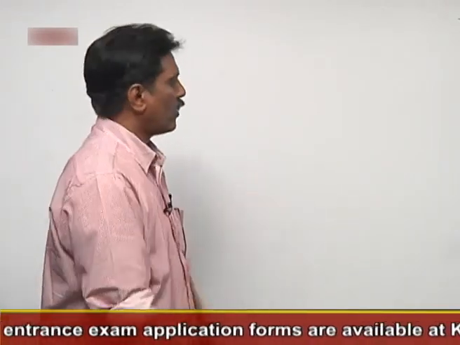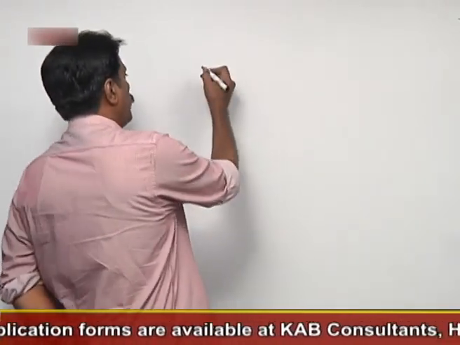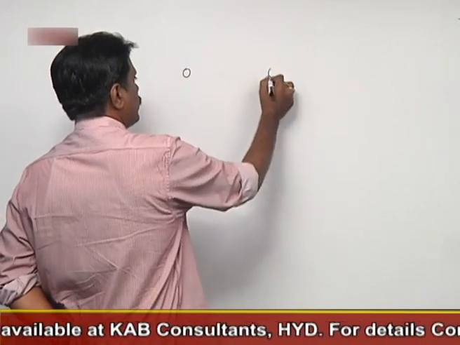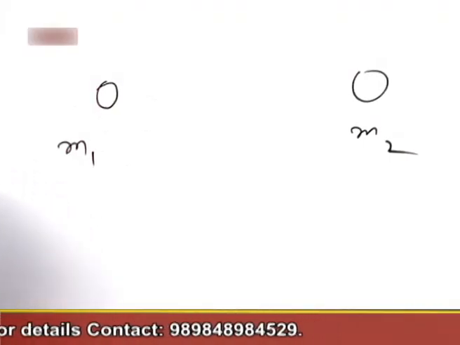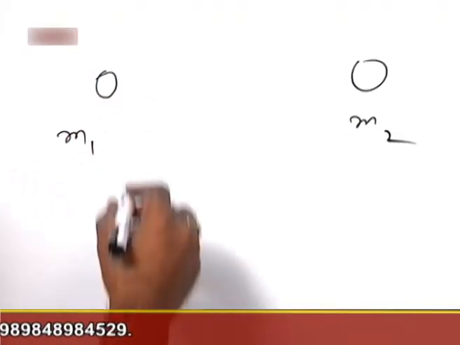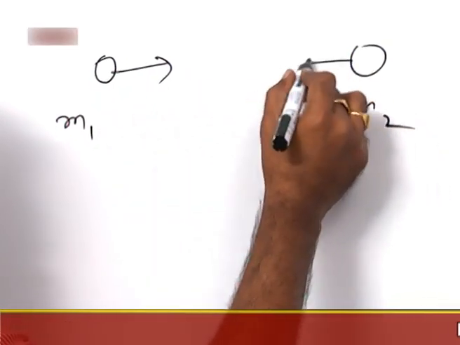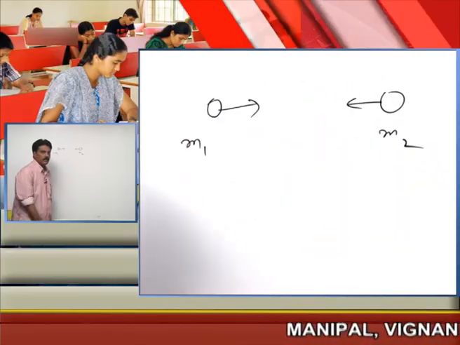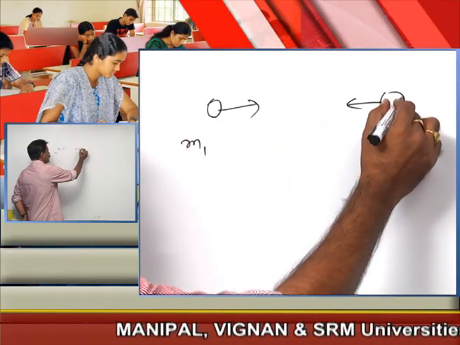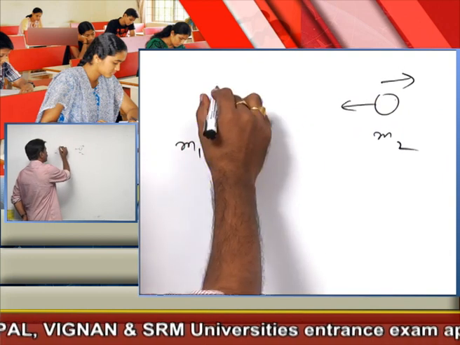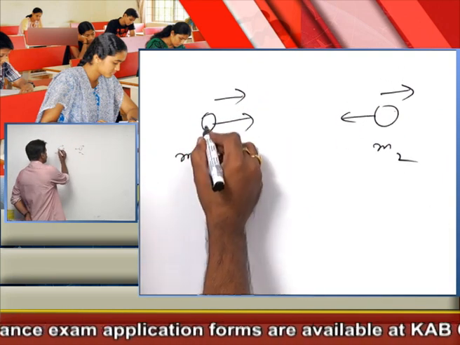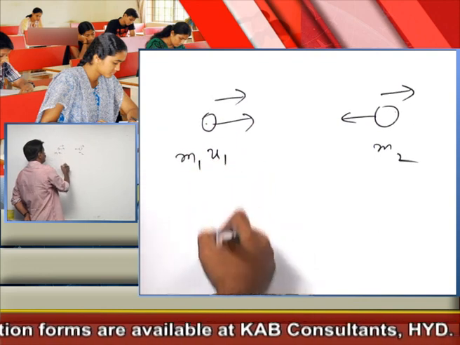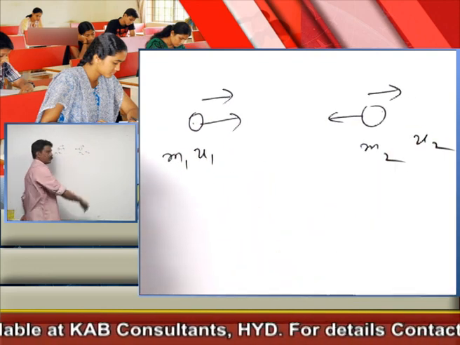So, suppose there are two particles m1 comma m2 moving like this, or they may be moving in the same direction also. There is no restriction that they are moving in the same direction or in the opposite direction. Let its velocity be u1, its velocity be u2.